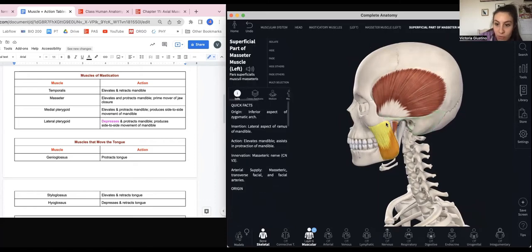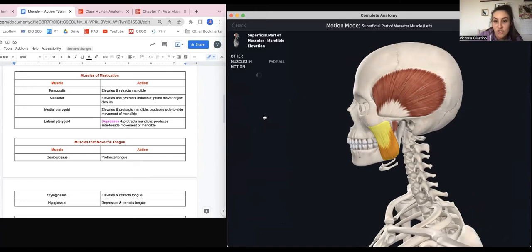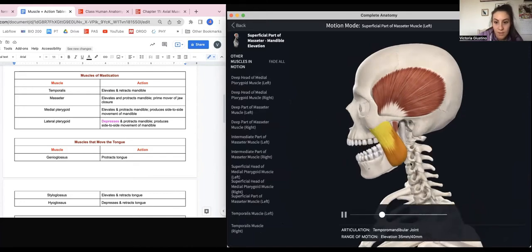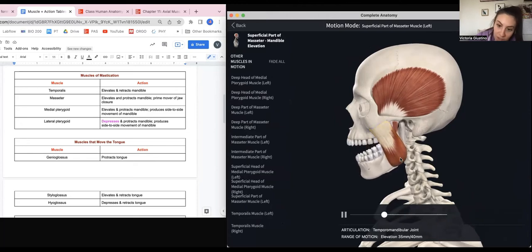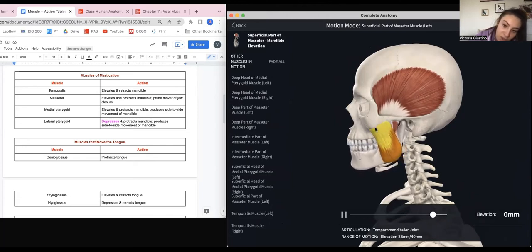This one more closely on your zygomatic bone, and then it's going to insert right on the inferior lateral part of your mandible. So when this muscle contracts going from I to O, again, you're going to get elevation of the mandible. And then the masseter also does some mandible protraction as well, going from I to O.